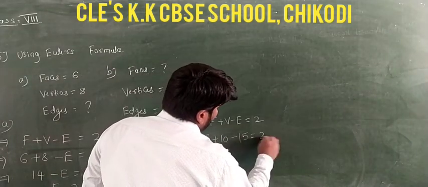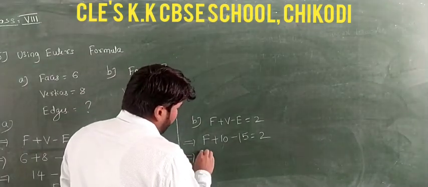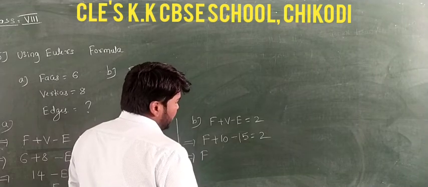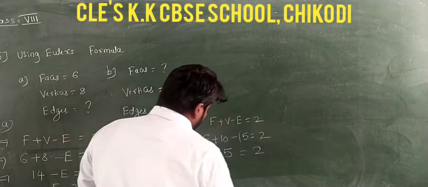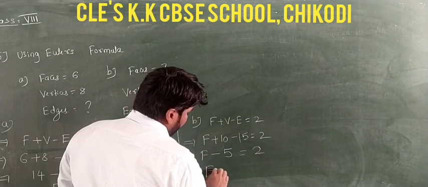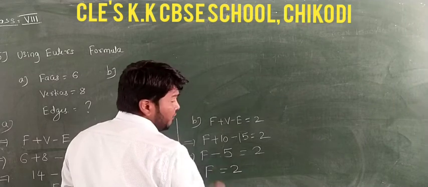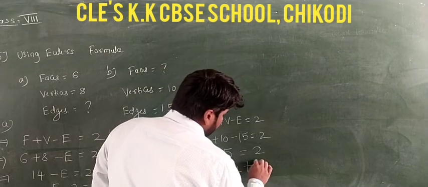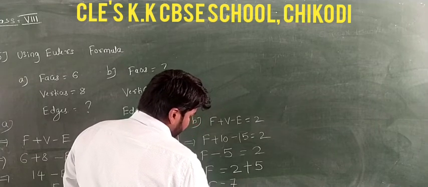We need to find the number of faces. So f, then 10 minus 15 is obviously minus 5, which is equal to 2. So f minus 5 is equal to 2, and minus 5 goes to the RHS as plus 5. Therefore f is equal to 7.